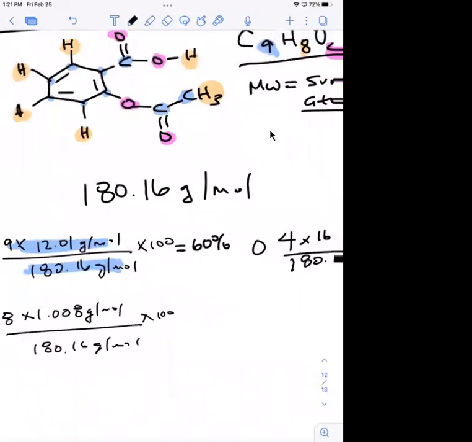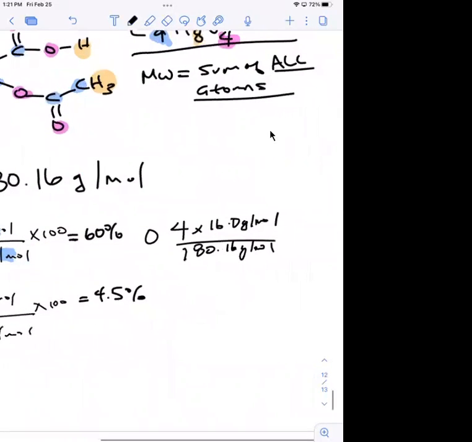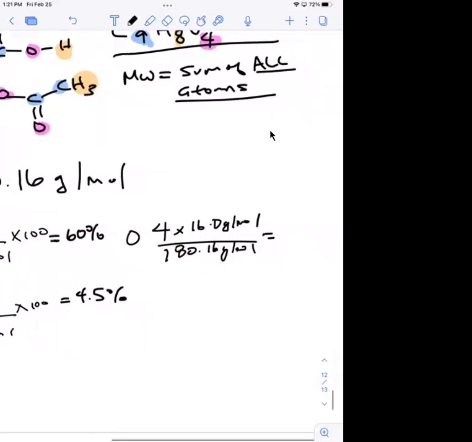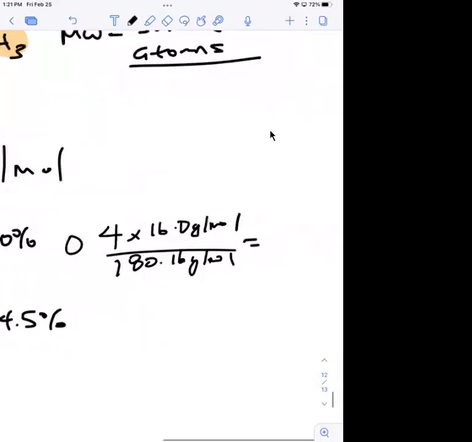You see what that number is, 8.064 divided by the whole times 100, and that gives me 4.5% hydrogen. And then with the oxygen, it's going to be 64 divided by 180.16, right? And that is 35.5%.